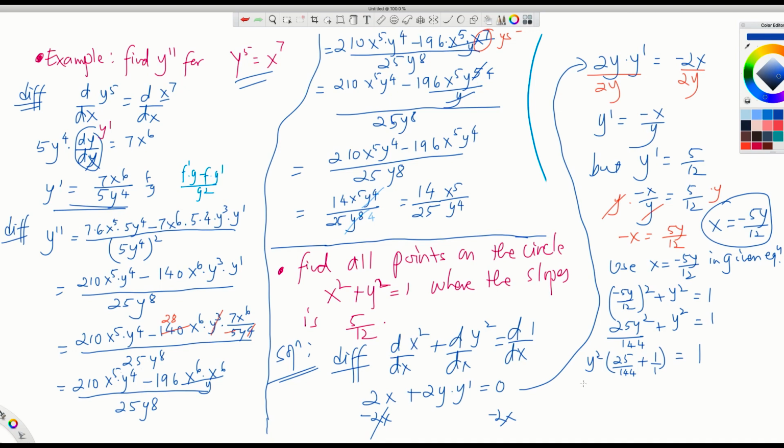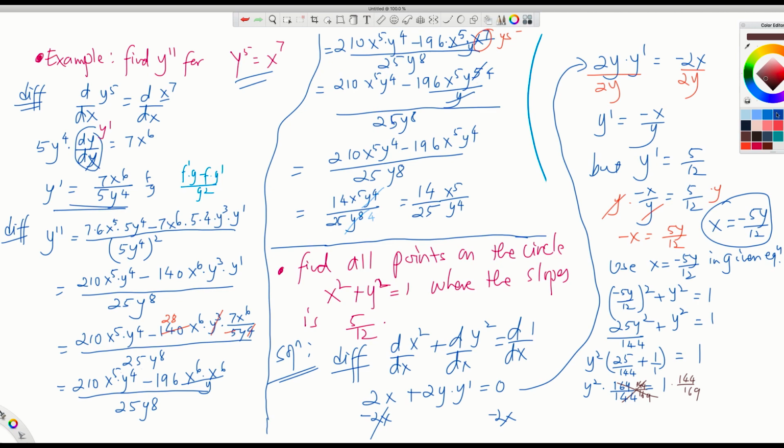If you combine this, using a calculator or just simplifying, you write 1 as 1/1 and make the same denominator. You will get y squared times 169 over 144 equals 1. So I need to multiply both sides by 144 over 169. The factor on the left will cancel out, right?